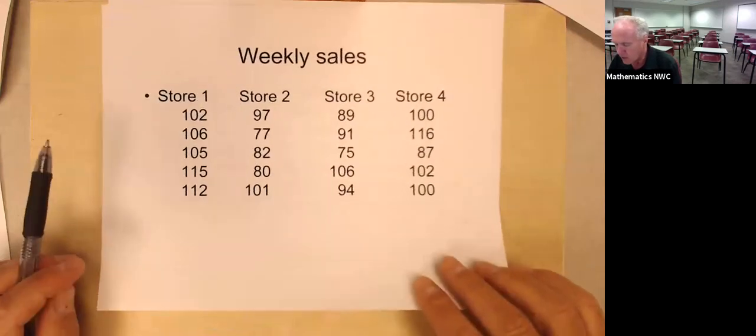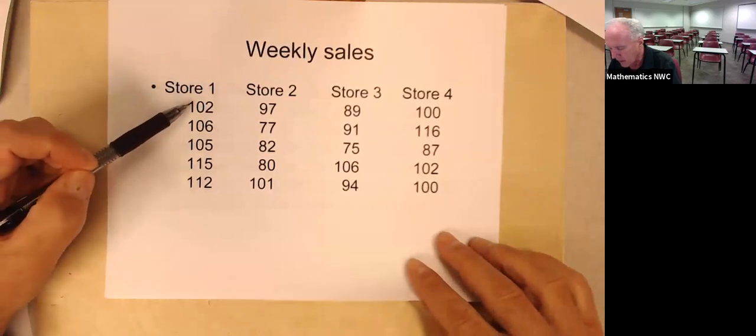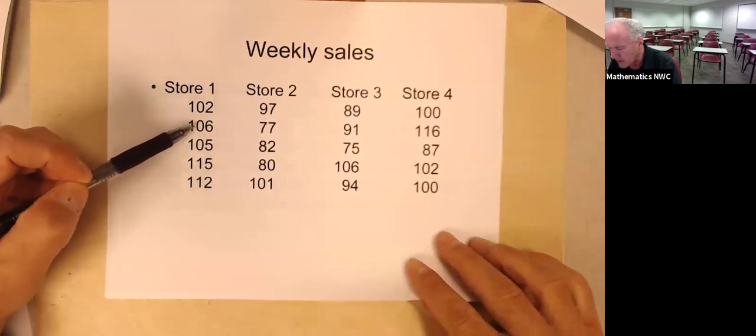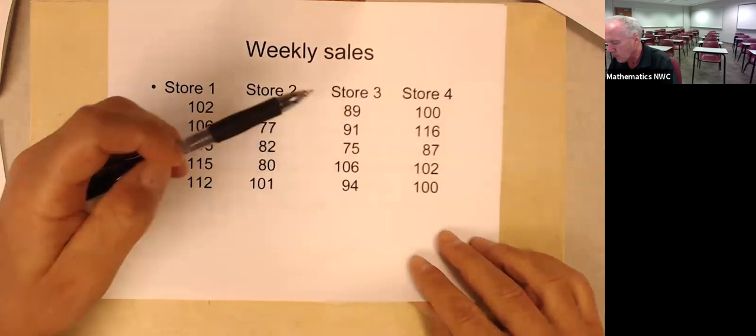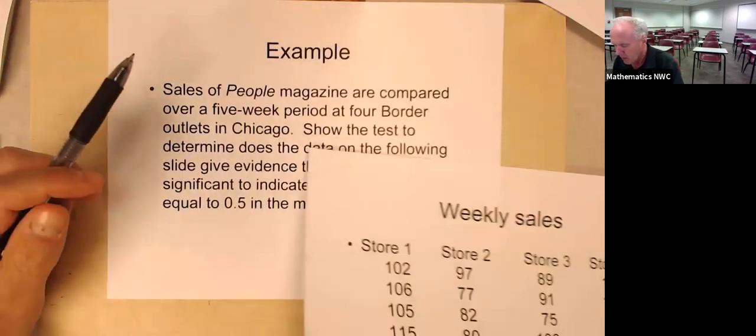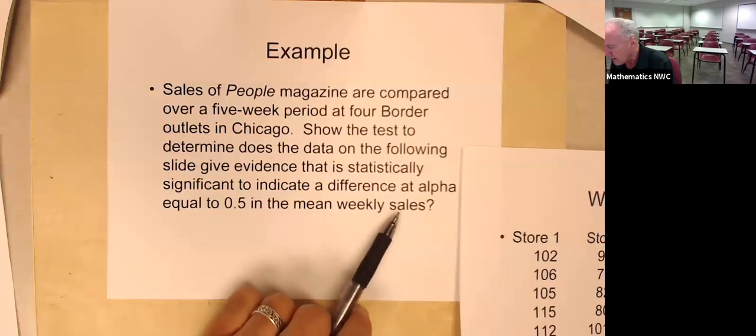Here are the 4 stores. The mean weekly sales, apparently store 1 sold 102 of the magazines, 106, 105, 115, 112. Store 3, store 4, and 5. We're looking to indicate a difference in the average weekly sales.